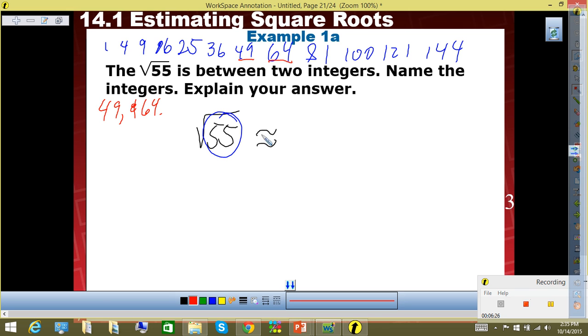To estimate, what is the square root of 49? 7. What is the square root of 64? 8. Since 55 is in between, which one is it going to be closer to? 8. We're not going to say decimal right now. We're going to say it's approximately 8.